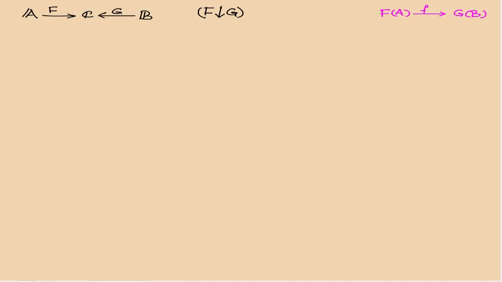So actually they are triples, and its morphisms are pairs, such that we have this diagram. Okay.